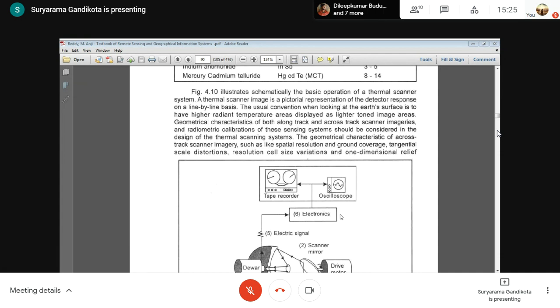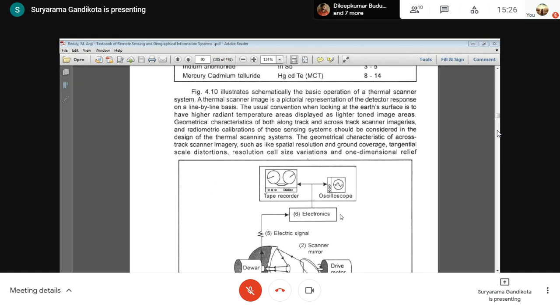Okay. Geometrical characteristics of both along track and across track scanner imageries and radiometric calibrations of these sensing systems should be considered in the design of the thermal scanning systems. So in the multispectral imaging systems, we have already studied about along track scanners and across track scanner imageries. And radiometric calibration are also used for this type of thermal scanning systems.